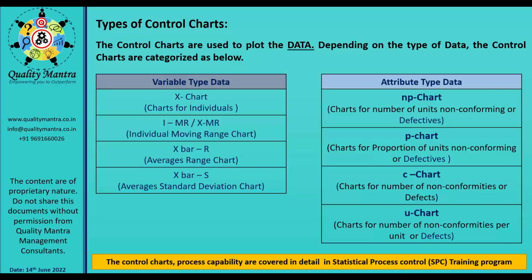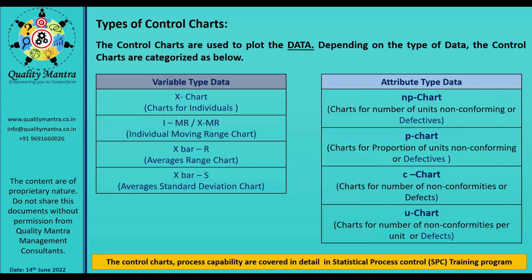For the variable type of data, there is the X chart, that is called chart for individuals, IMR chart or XMR chart, that is individual moving range chart, then X bar R chart, the averages range chart, and X bar S chart, that is averages standard deviation chart. So these are the various charts. There are many more also.